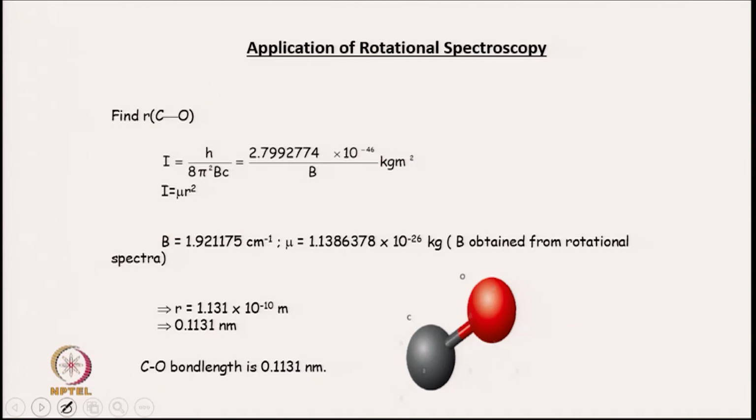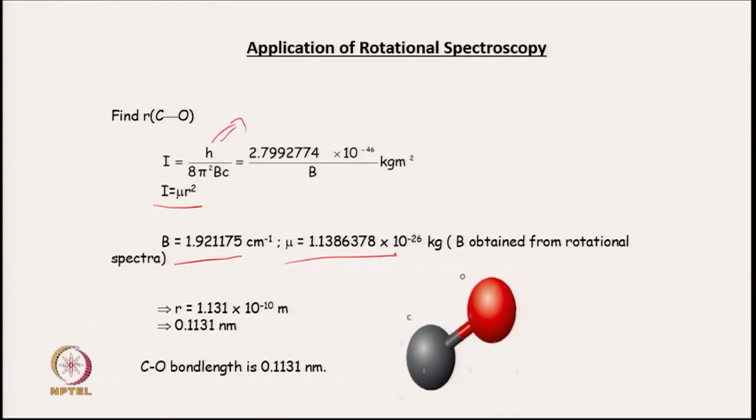From the rotational spectra, what was observed is that B is equal to 1.921175 centimeter inverse, and by putting this into the equation I is equal to h by 8 pi square Bc, we can obtain the value of I, and from I we can calculate R, since mu is equal to 1.1386378 into 10 to the power minus 26 kg.